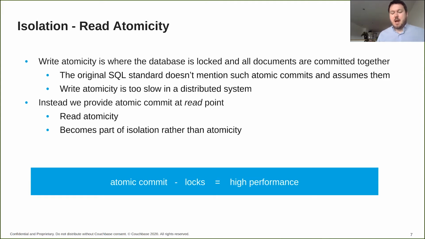And what happens is that the commit is eventually consistent by default. So the transaction reaches a commit point, which is atomic. I'll show how that works later on. And then each of the documents in the transaction is committed in an eventually consistent fashion.